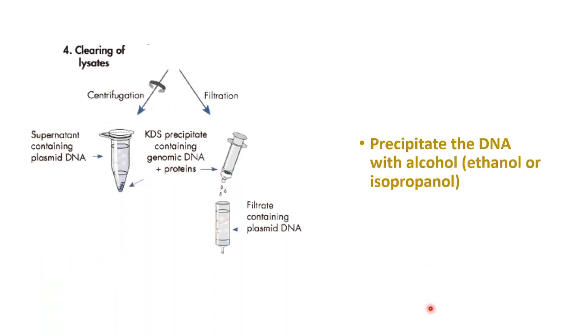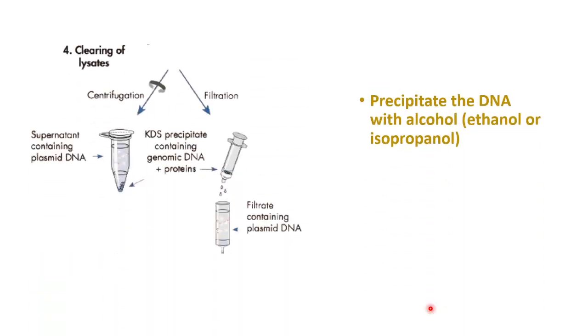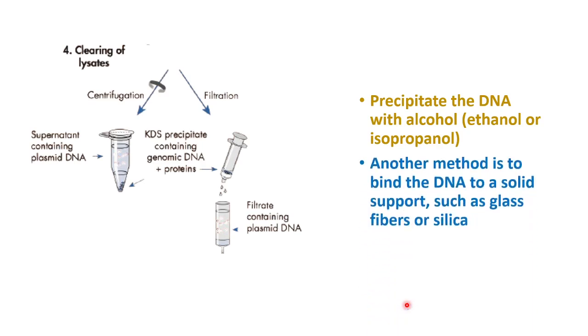The last step is purification or precipitation. Our solution now contains the plasmid DNA and does not contain any genomic DNA. Just like in DNA isolation, we will add isopropanol or ethanol for precipitation. Or else, nowadays we use silica columns or glass fiber columns for the separation.